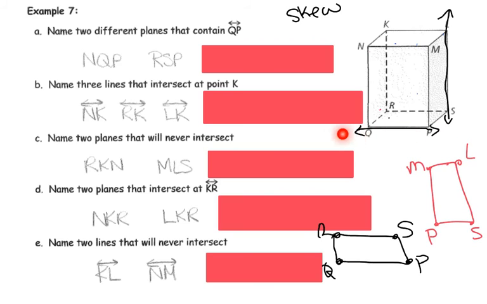So notice here, I've highlighted line QP and line LS. LS is on the backside of this prism, so that will never intersect this line QP that is in the front part of our prism. Those lines will never intersect and they're not parallel, and that's what we consider skew.